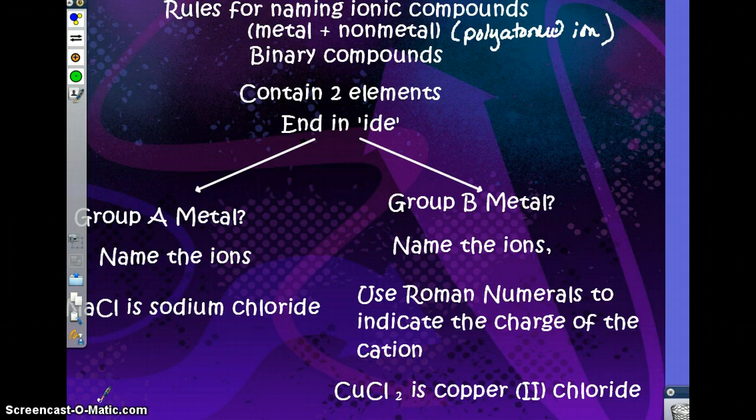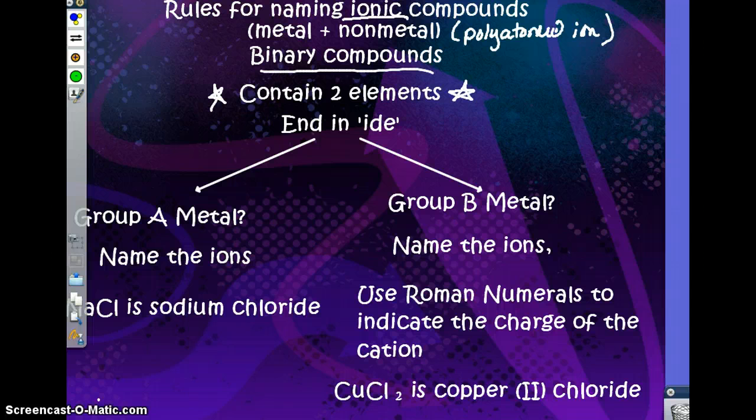So if there's a polyatomic ion in the formula, then we know that that's an ionic compound. So the first type of compounds that are ionic in nature that we're going to take a look at are called binary compounds. Bi means two. A binary compound means there are only two elements in the compound.